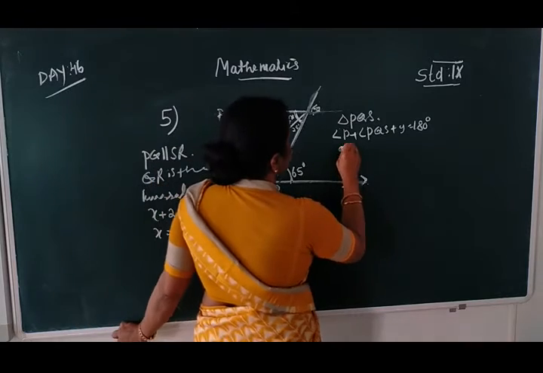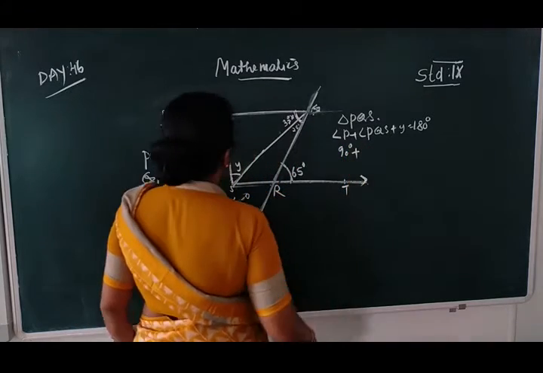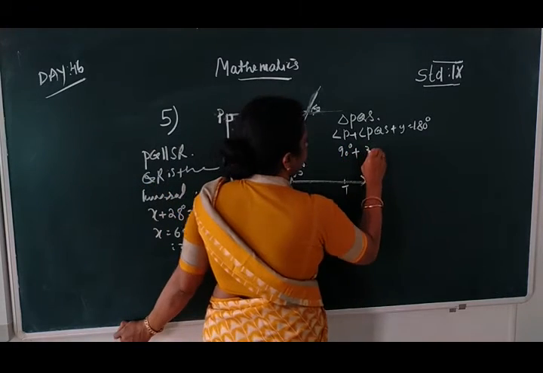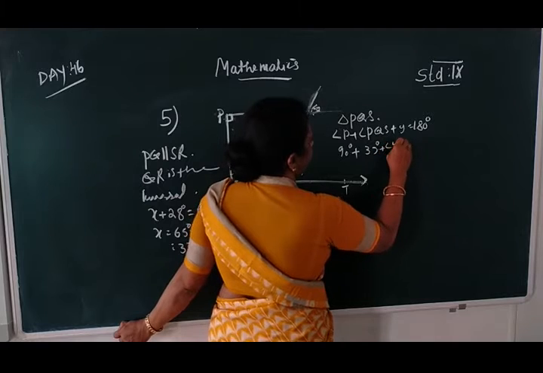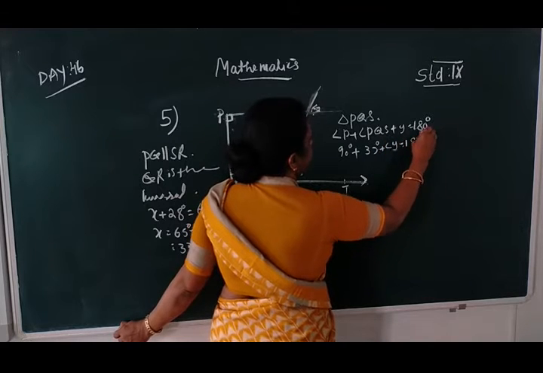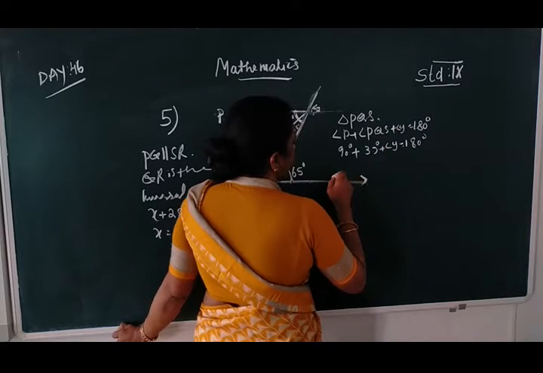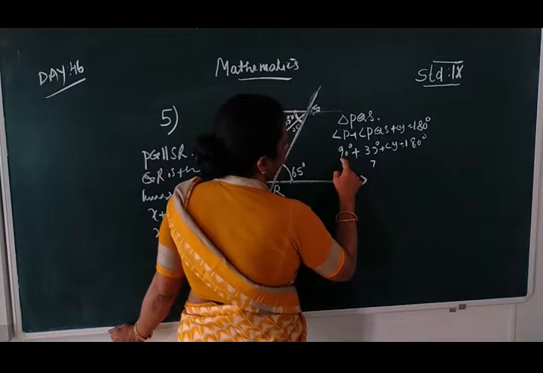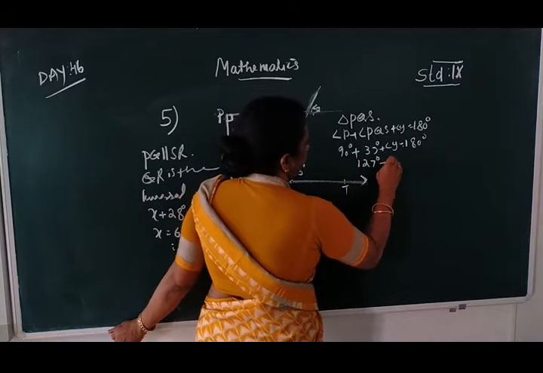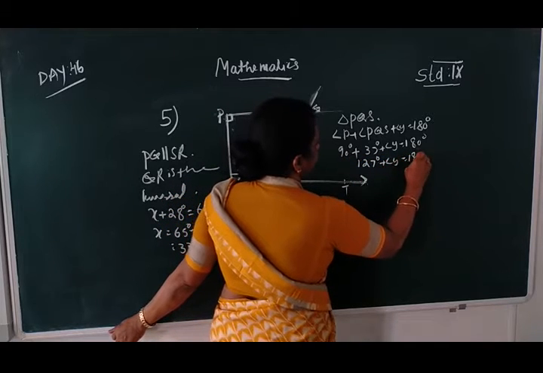Angle P is 90 degrees plus angle PQS is 37 degrees plus angle Y is equal to 180 degrees. That is 127 plus angle Y is equal to 180 degrees.